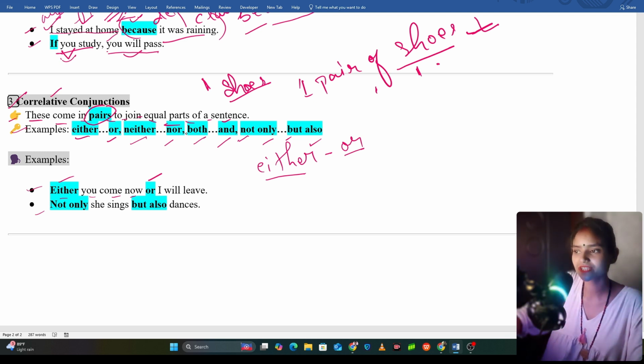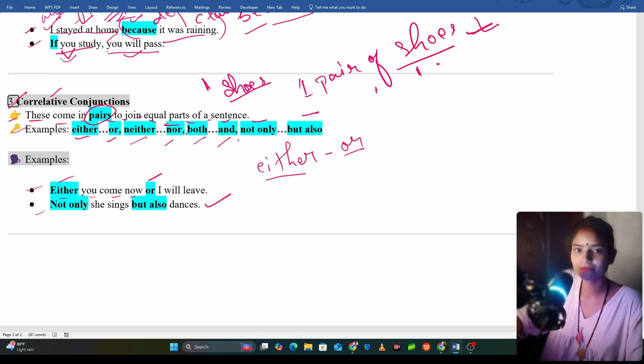Not only she sings but also dances. Can you see not only, but also? Not only, but also. So this is the end of the explanation.